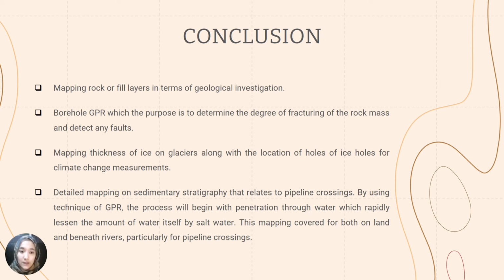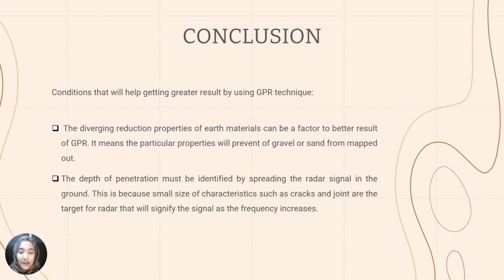It means that by using the GPR technique, the process will begin with penetration through water, which lessens the amount of water by using salt water. This mapping covers both land and beneath rivers, particularly for pipeline crossing. There are a few conditions that will help in getting greater results by using the GPR technique.